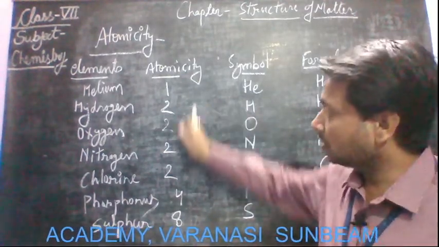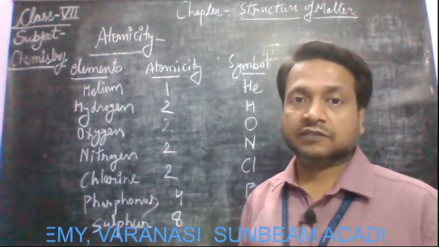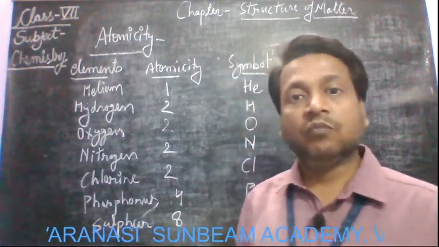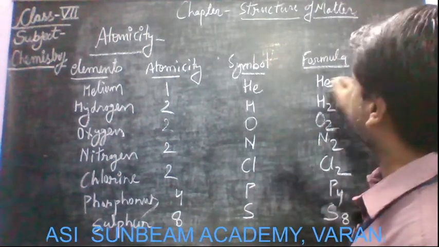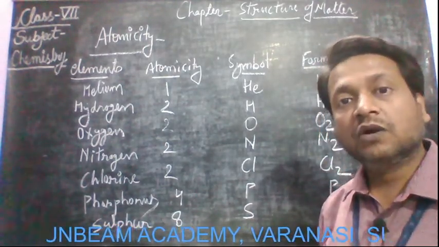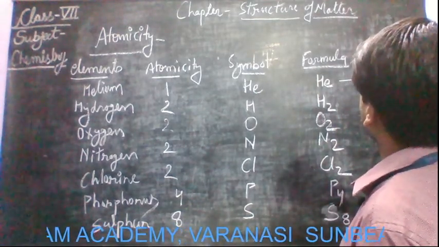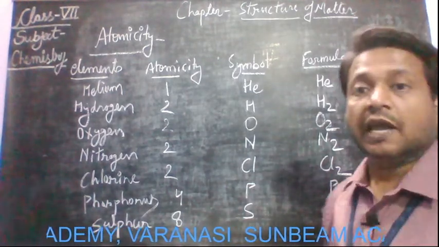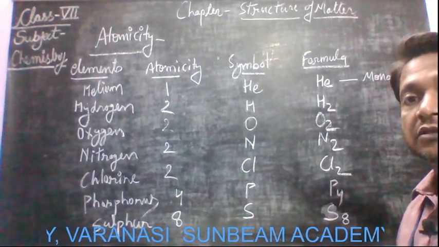So these all indicate the atomicity of these elements, and the terms used are monoatomic and diatomic. Monoatomic is for those elements whose one molecule has one atom, and diatomic for those whose one molecule contains two atoms.